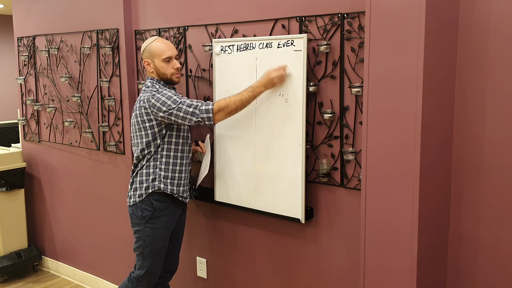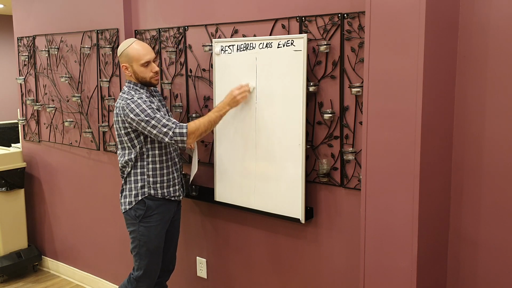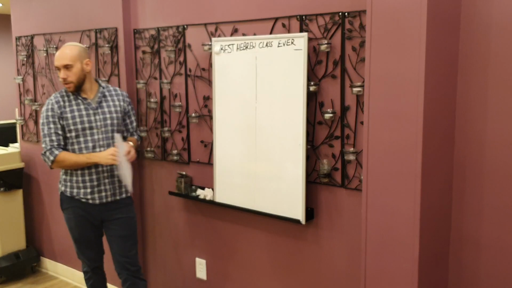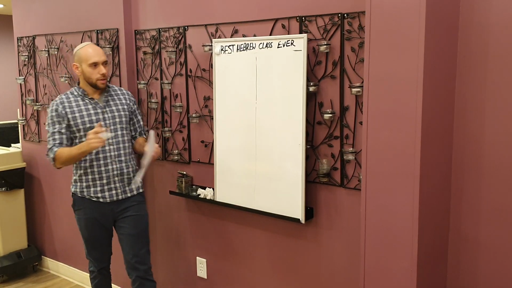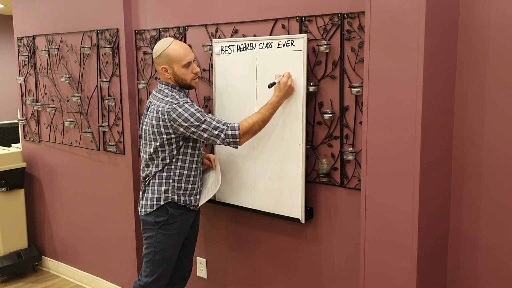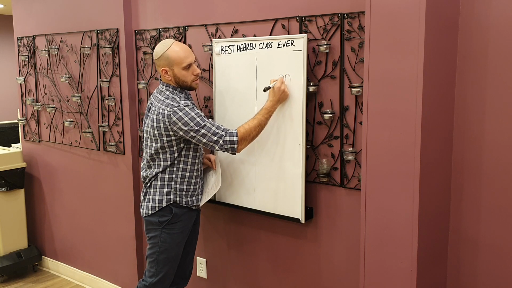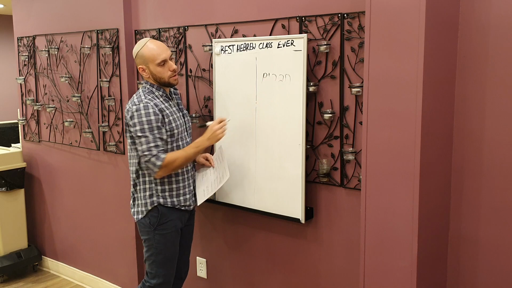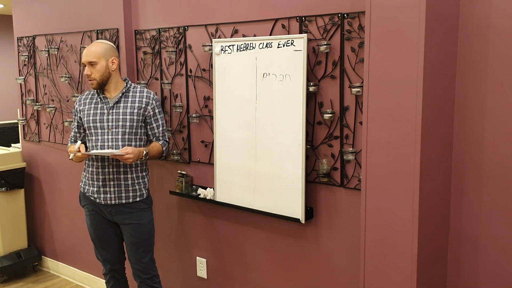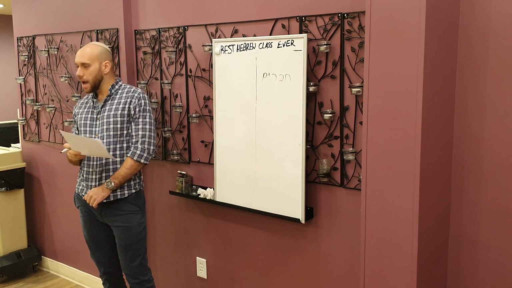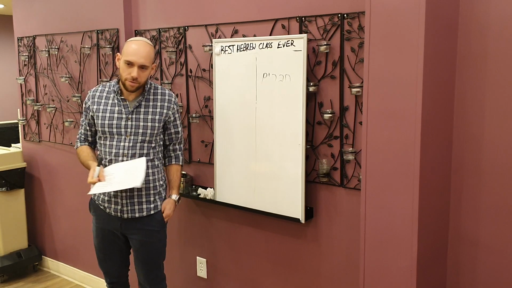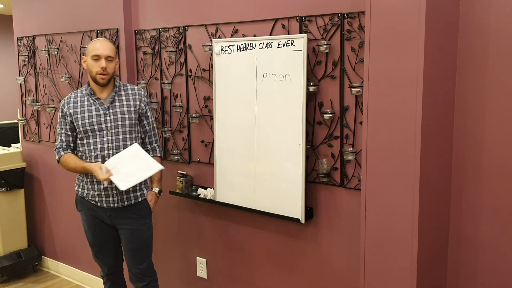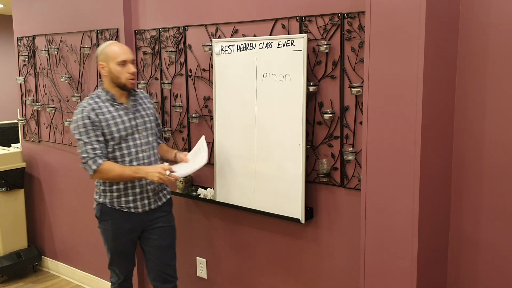And then if you wanted to say his friends, but shorten it, it would be chaverav, right? It's plural. Yes, chaverav, exactly. Chaverav is the other way of saying chaverim shelo.